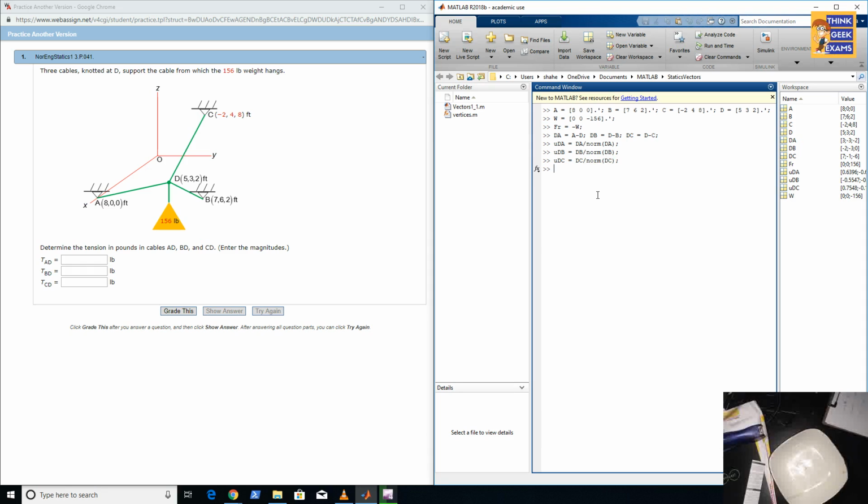So now we have the unit direction vectors UDA, UDB, and UDC for the forces of tension along these cables. Now we need to create a matrix with these direction vectors. The matrix is called U vector, and that is going to be UDA, UDB, and UDC.